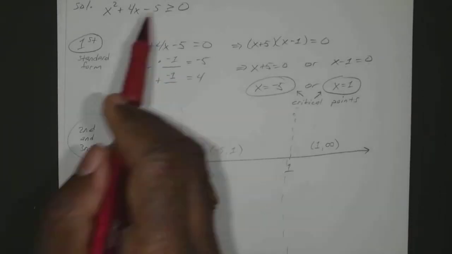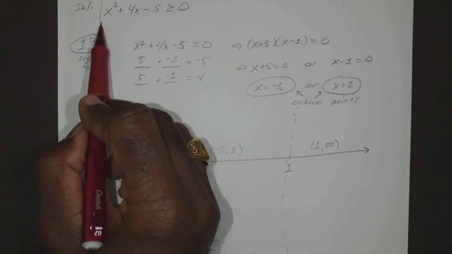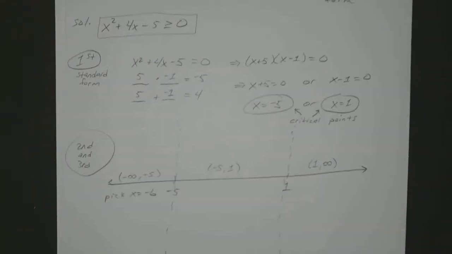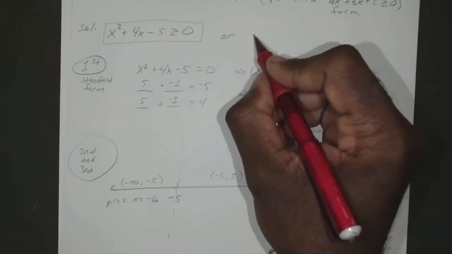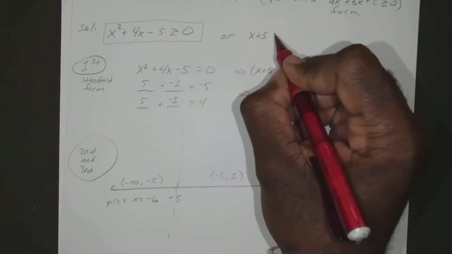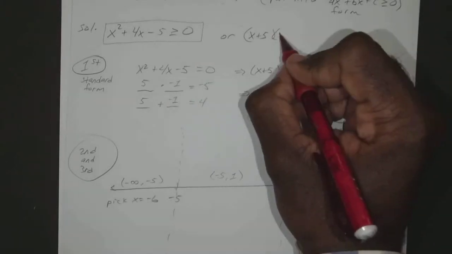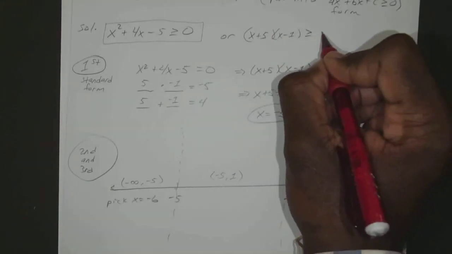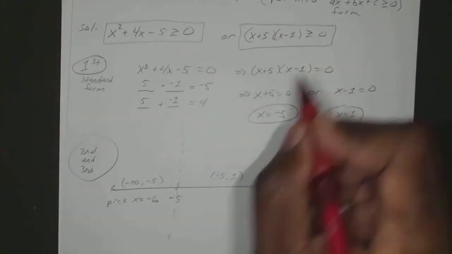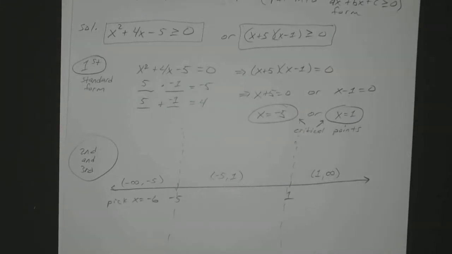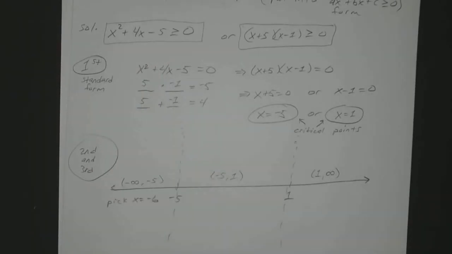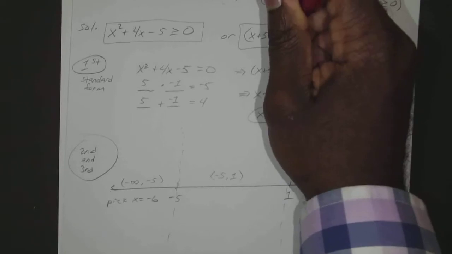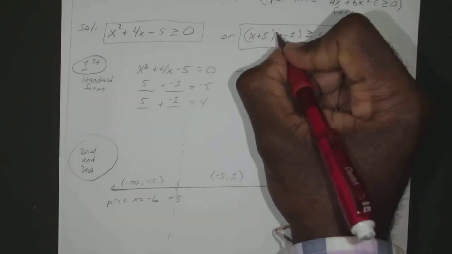Now remember, you can use that, or you can also use x plus 5 times x minus 1 is greater than or equal to 0. A lot of times it's easier to use the factored version of it, just because when you plug in your value, you can tell what's positive, what's negative, without having to go through all of that. Let me clean that up just a hair. Here we go.